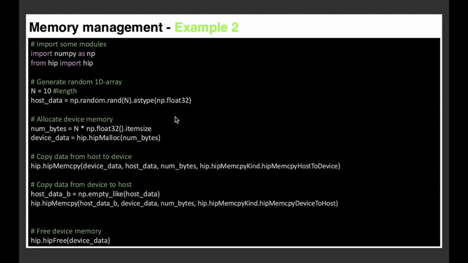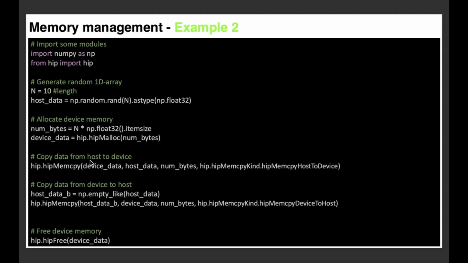This is example number 2 that you can run to get an idea about how to implement these functions. After importing the module, we take a simple example where we generate a random array stored in 1D with single precision. We allocate the device pointer with the size in bytes; this is single precision.